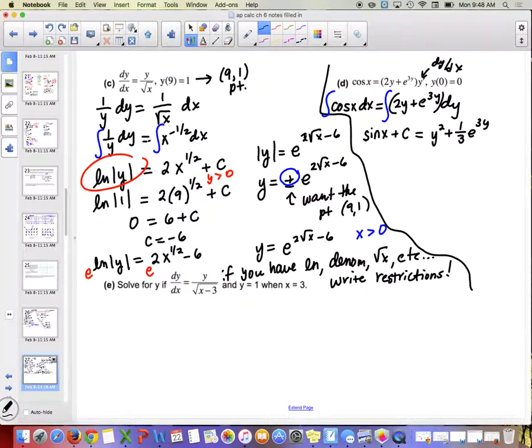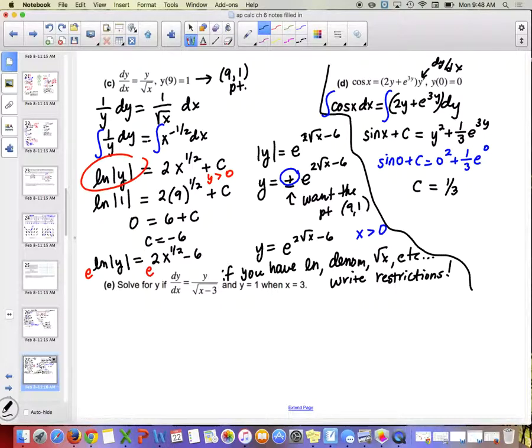All right, so we have the point y of 0 equals 0. So I'm going to plug that in. So I have sine of 0 plus c equals 0 squared plus 1/3 e to the 0. Well, e to the 0 is 1, so I still have a 1/3. Sine of 0 is 0, so I get c equals 1/3.